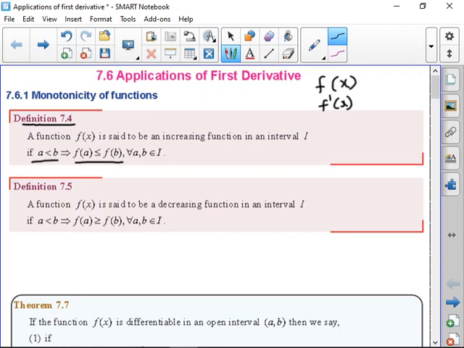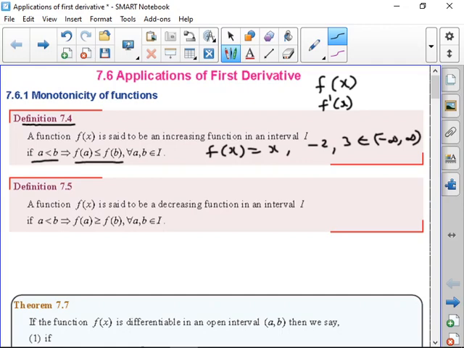If you take an example, let f of x be equal to x, and minus 2 comma 3 belongs to the interval minus infinity comma infinity.